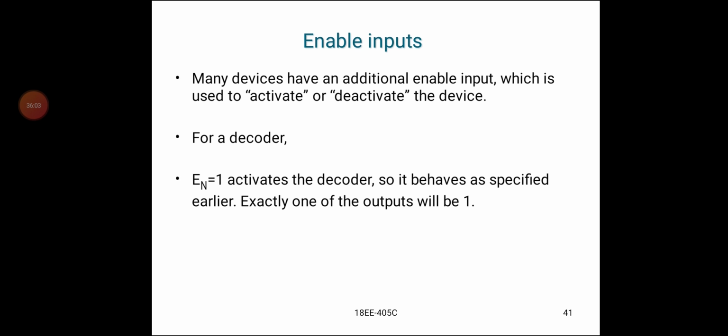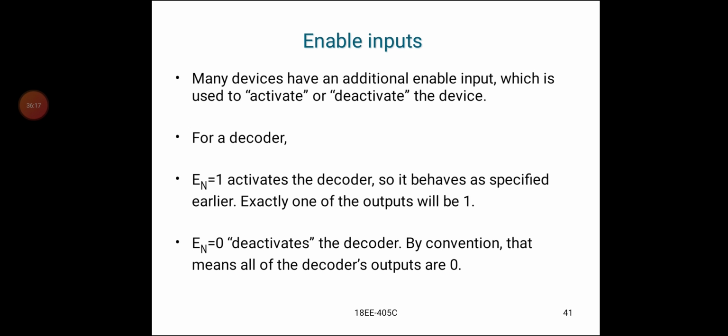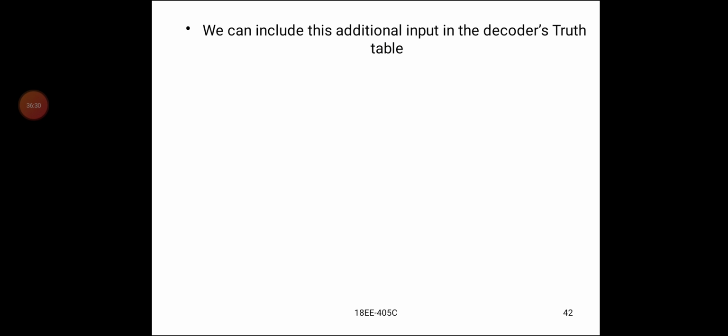For a decoder, En equal to 1 activates the decoder, so it behaves as specified earlier: exactly one of the outputs will be 1. En equal to 0 deactivates the decoder by convention, which means all of the decoder's outputs are 0. We can include this additional input in the decoder's truth table.